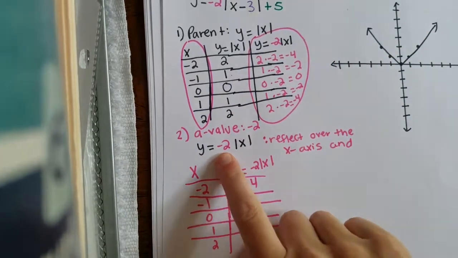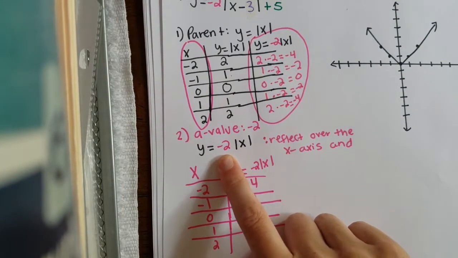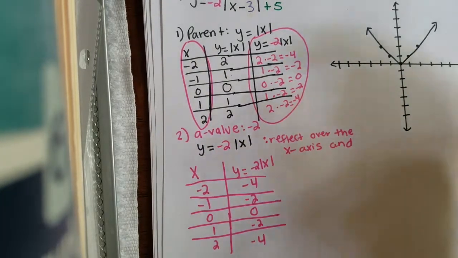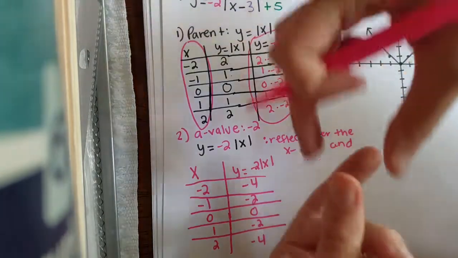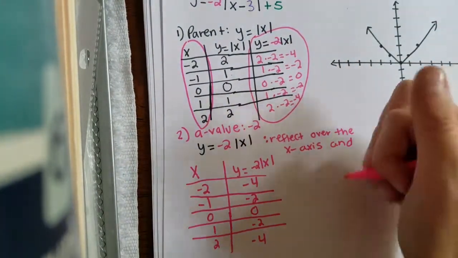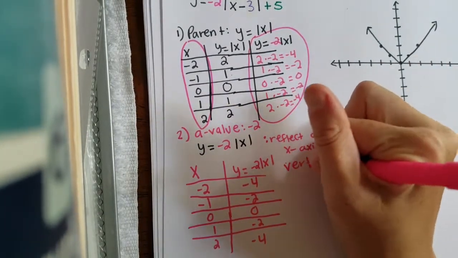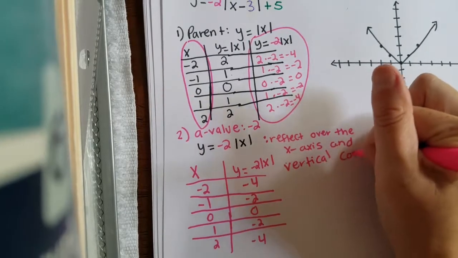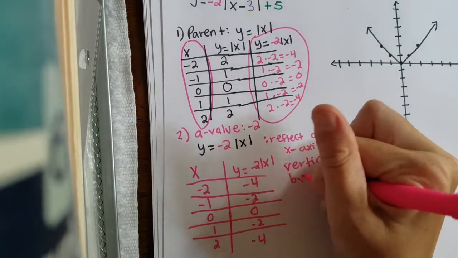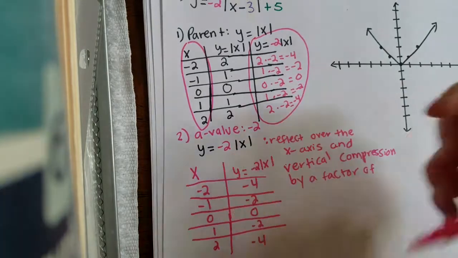And if we take the absolute value of negative 2, that will give us a positive 2, which is larger than 1. And remember, anytime an a value is larger than 1, it will vertically stretch. So it's going to stretch out, which will make it more narrow. So it will vertically stretch by a factor of 2.